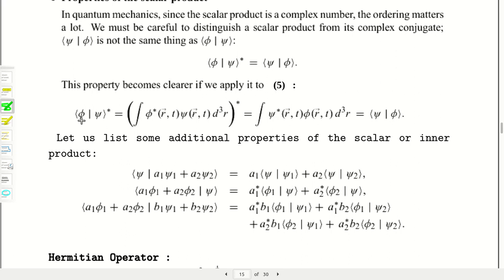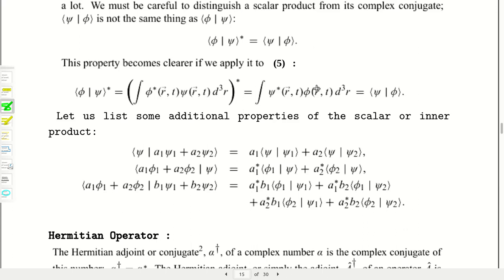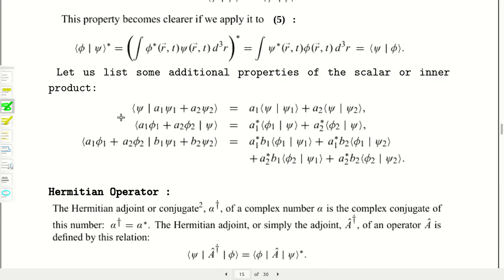So bra phi Ket psi whole star is equal to bra psi Ket phi without any star. It is proved.